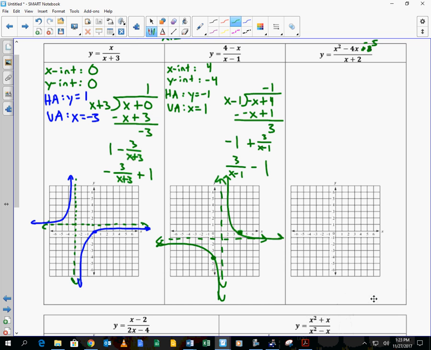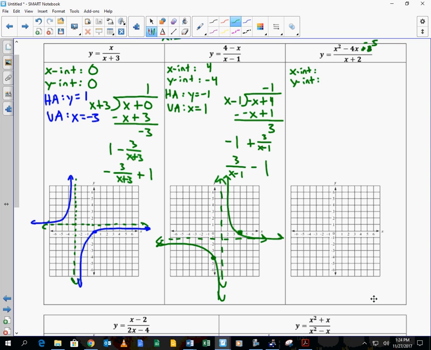Okay, let's get started. A little bit more complicated. What makes this one different? Okay, it's an x squared on top, and we can factor the top. Let's first look at the x-intercept, and let's look at the y-intercept.